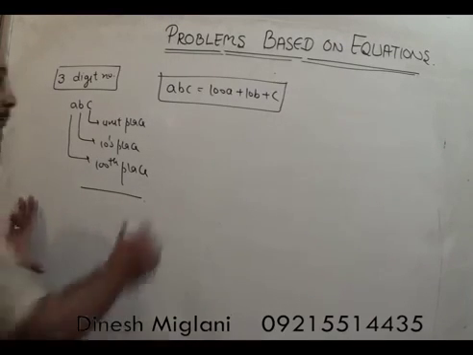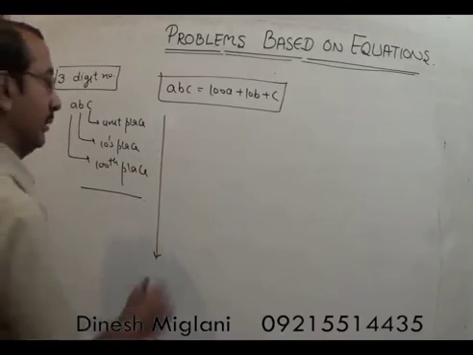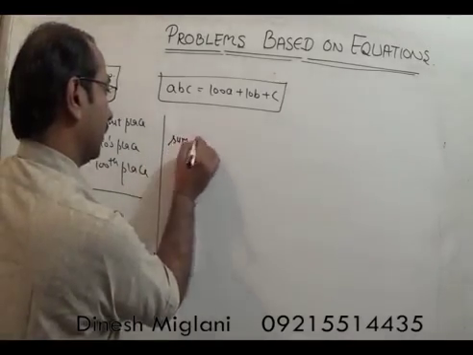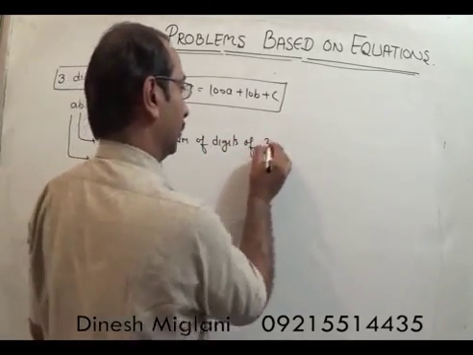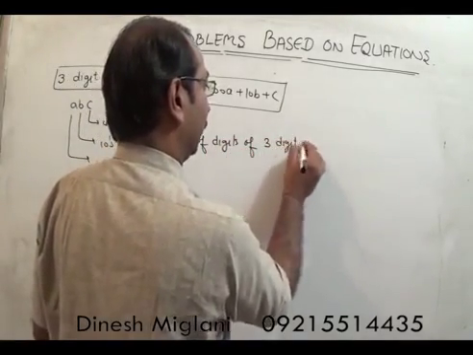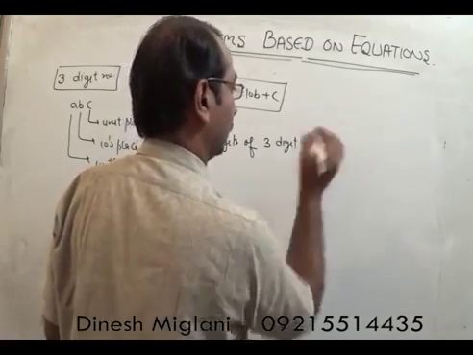For example, the sum of the digits of a three-digit number is 6.